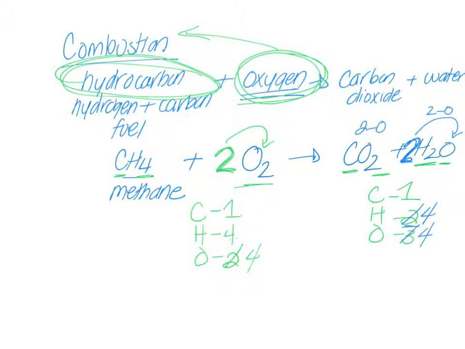Okay, let's try another one. So how about this one? C6H6 plus, how about if I just write down it was burned, but you know that it's oxygen. So if the beginning of the reaction looks like this, where you have a hydrocarbon and you have oxygen, that's like ding, ding, ding, it is a combustion reaction.